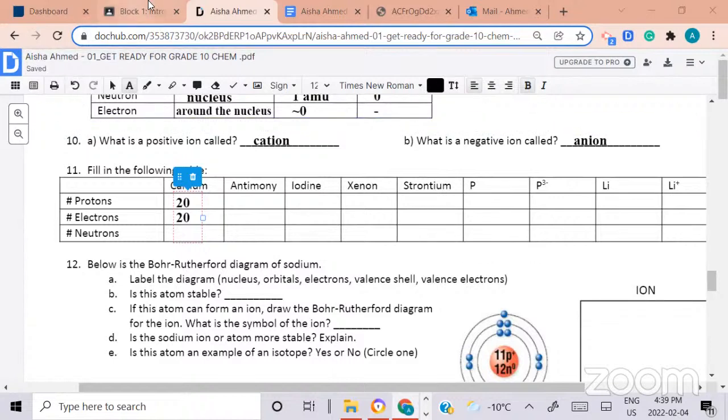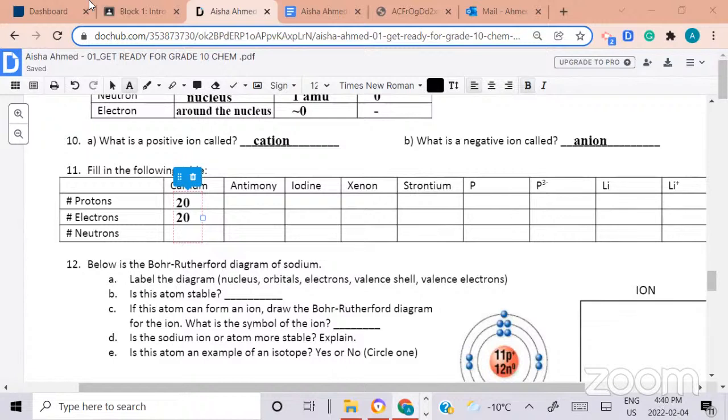So when you look in the Ca box, on the right side it says 40.08. That is the atomic mass of the element, so that's how much it weighs.